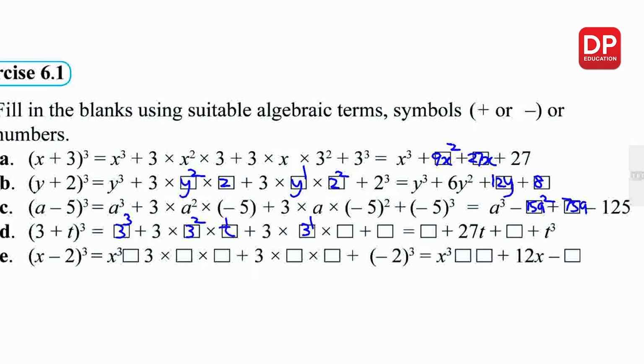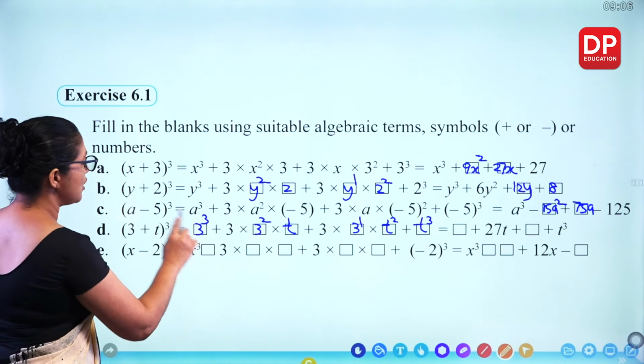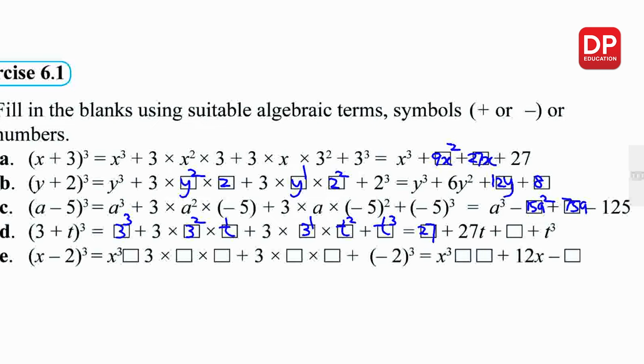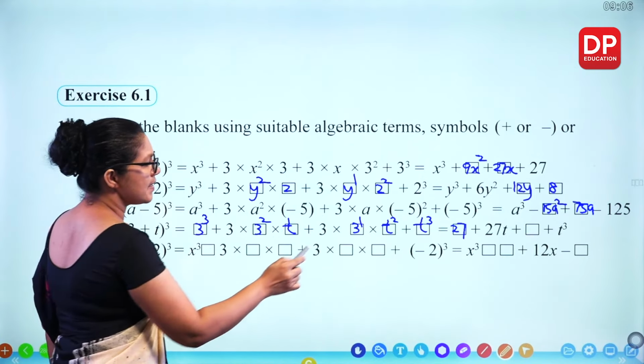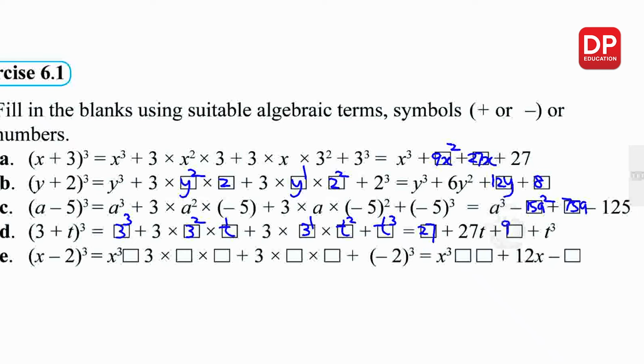Starting from the second term, this is t squared, and then this one t to the power 3. So simplify. 3 to the power 3, you get 27. Middle term given, and the third term is this. 3 times 3, 9. And you get 9t squared.